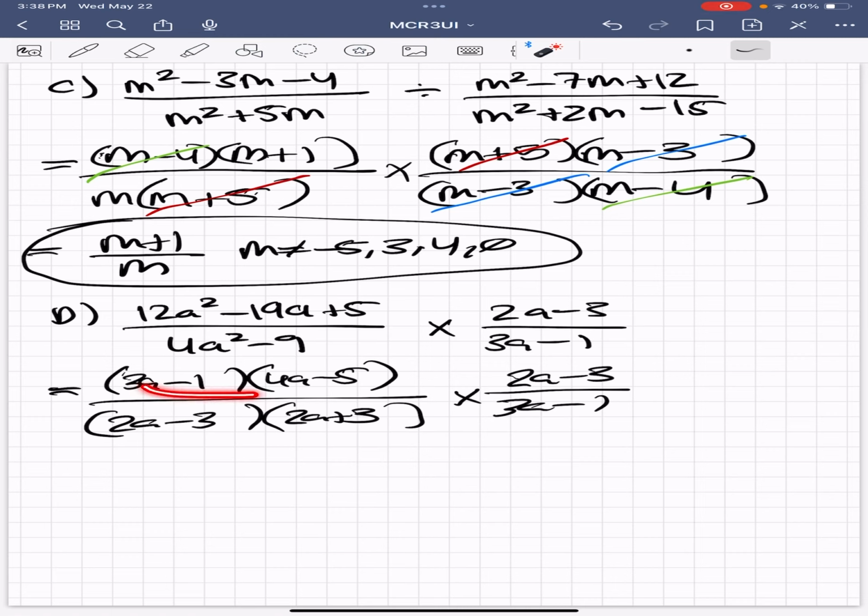(12a) minus 15 minus 4 equals minus 19, and then 1 plus 5.